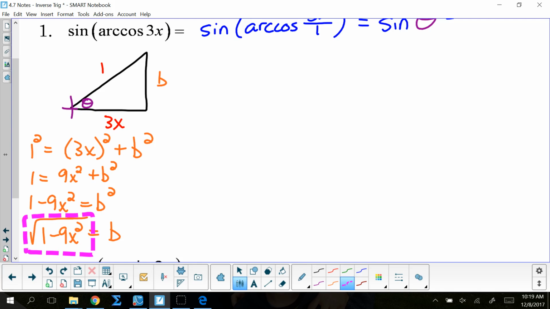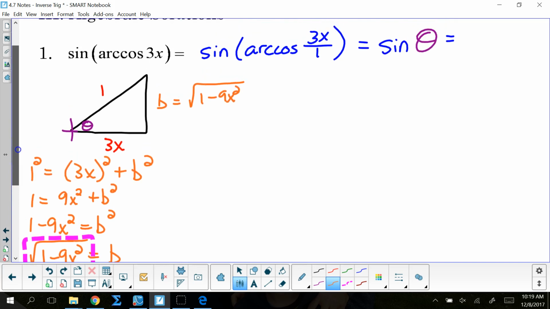Because there's an addition or a subtraction sign. Yep. And if there's an addition or a subtraction sign, that whole expression has to be a perfect square. It's factorable, but it factors to be 1 minus 3x and 1 plus 3x. Not the same thing. So that's how it stays. So b here is the square root of 1 minus 9x squared.